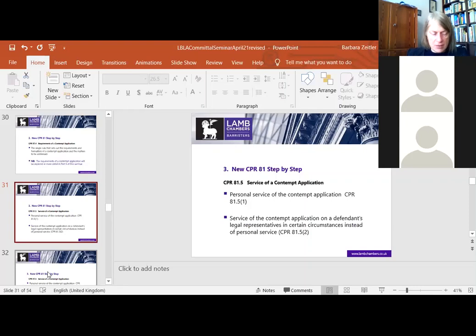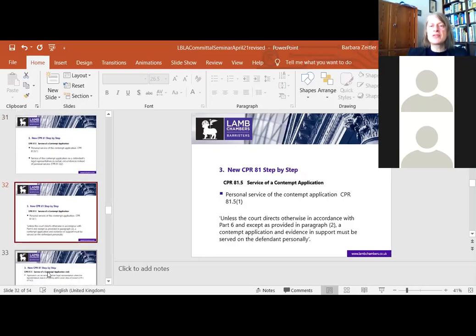There are some exceptions built into the rule 81.5, which is that in certain circumstances it is permissible to serve on a legal representative instead of effecting personal service. But the default rule is personal service.